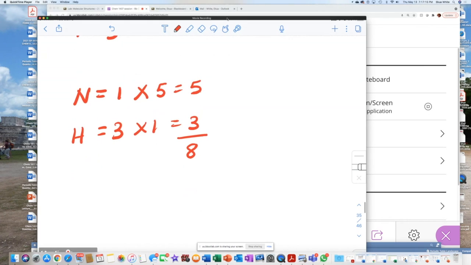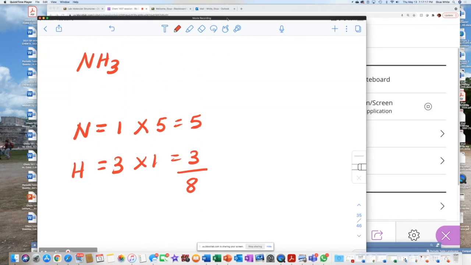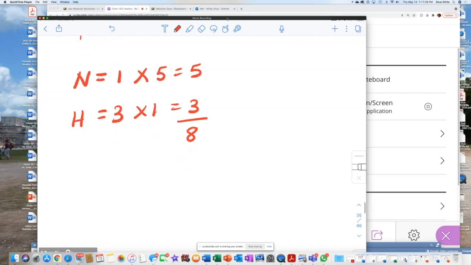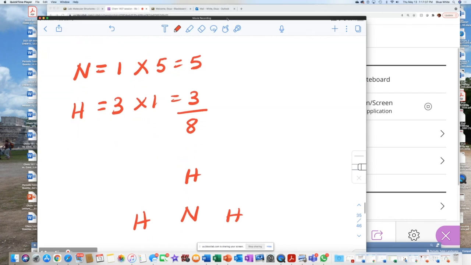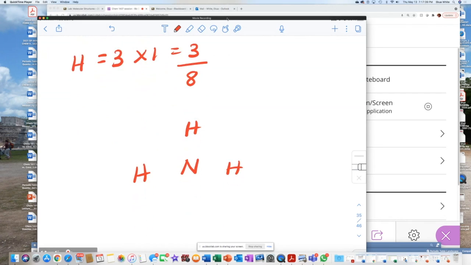So we now have to place a central atom. Remember, hydrogen is never central. The other thing you want to know is if there's only one of one element and multiples of the other, the molecule would prefer to have the single one in the center. So in this case, nitrogen is in the center surrounded by 3 hydrogens. We have 8 electrons to distribute, right? Form single bonds, and the single bonds take care of 6 electrons.